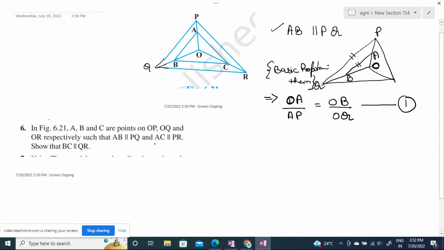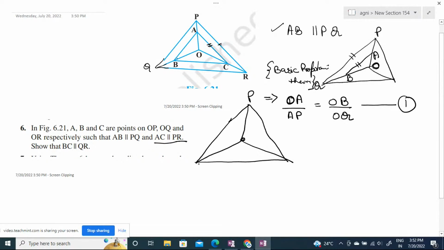Now, second, AC is parallel to PR. You can see AC is there and this is PR. Now you can understand the figure goes like this. Similarly, O is the center. This is P, this is Q, this is R, this is O, this is AC.